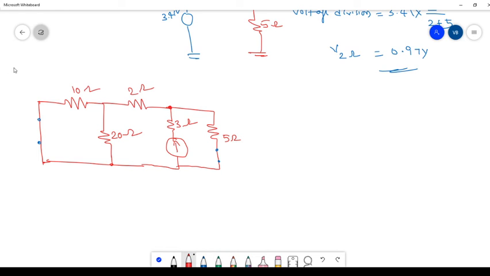How are we going to calculate it? Look at these two: one end is connected here and the other ends of the resistors are also connected together. So these two resistors are in parallel, which is 10 into 20 by 10 plus 20.